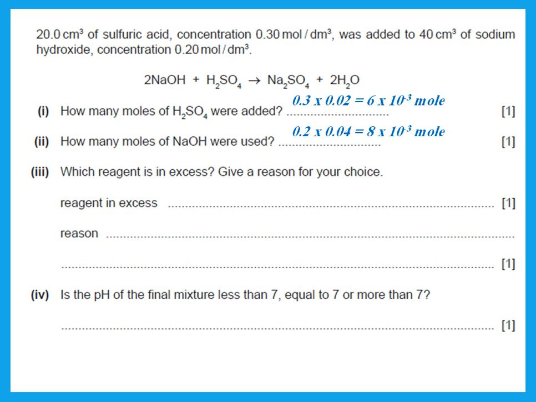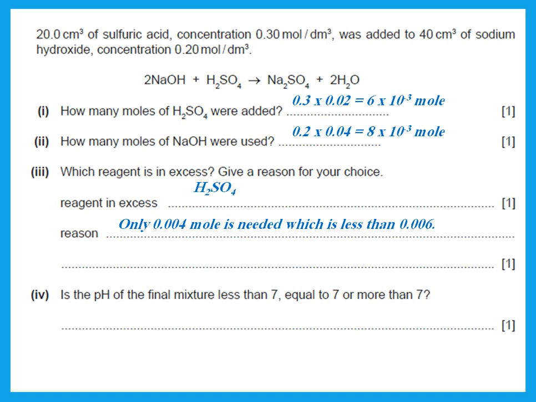Well, the sulfuric acid should be half of the sodium hydroxide. Is the sulfuric acid half of the sodium hydroxide? The sodium hydroxide is 8 times 10 to the minus 3, so half of it should be 4 times 10 to the minus 3. So obviously the acid is excess. I need only 0.004 mole, which is less than the 6 times 10 to the minus 3 that he added.